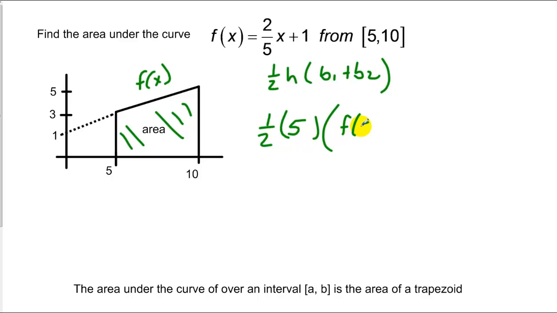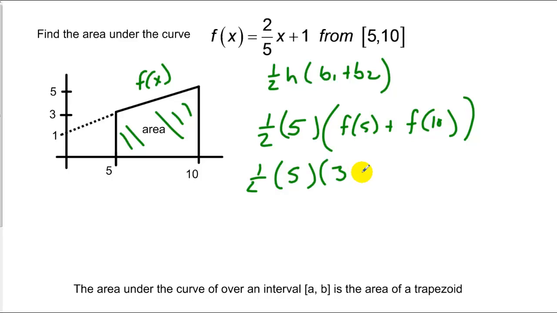So we could say f of 5 plus f of 10 in that case. So we have 1/2 times 5. f of 5 is 3. f of 10 is 5. And we basically got 1/2 of 40, or 20, for the area under the curve.